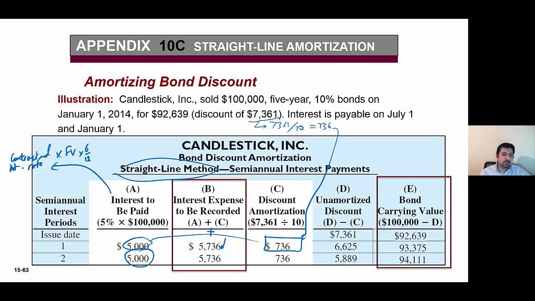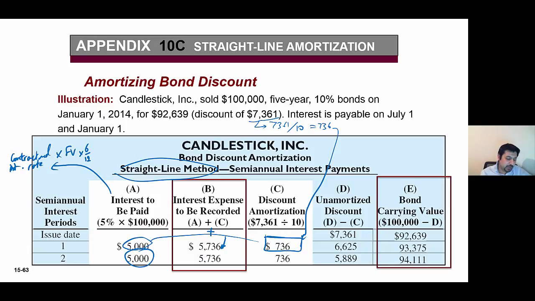The discount for the 10 payments for the 5 years is $7,361, but the company will have to recognize part of it, which is $736, with each payment.